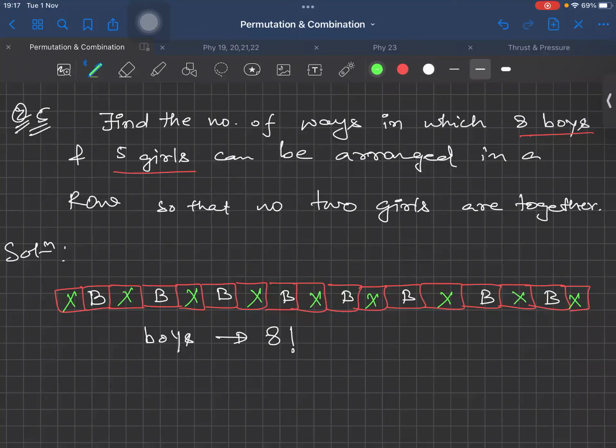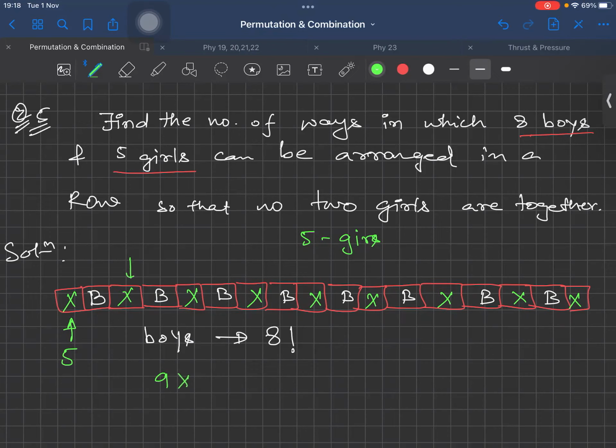So boys can be arranged in 8 factorial ways, and girls, in 9 places, how many? And there are 5 girls, right? So in these 9 places, 5 girls can be arranged using how many ways? Any of the 5 girls can sit here, any of the 4 girls can sit here.